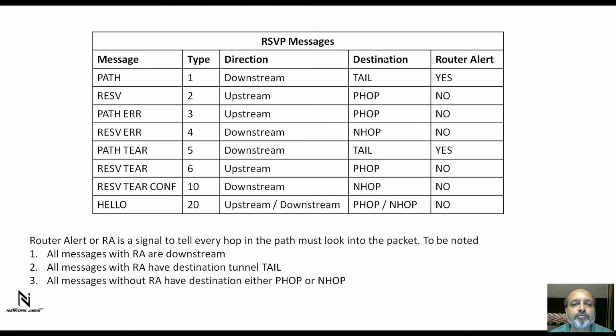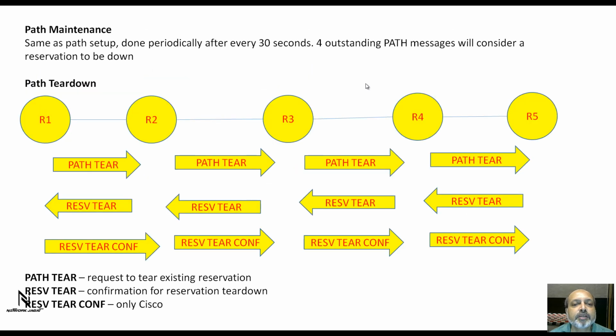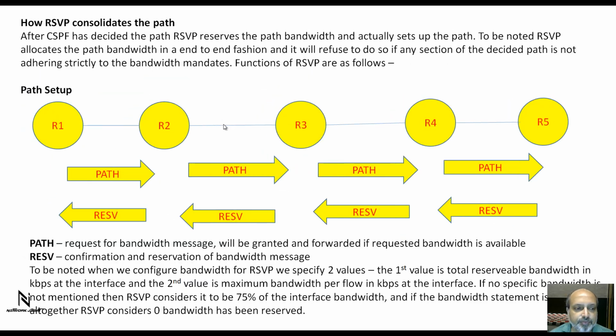Because just remember, this path has been created after a lot of considerations and consultations, right? Consideration and consultation between whom? Between our IGP, CSPF, and then RSVP, right? And the main consideration is whether I have the available bandwidth, right?